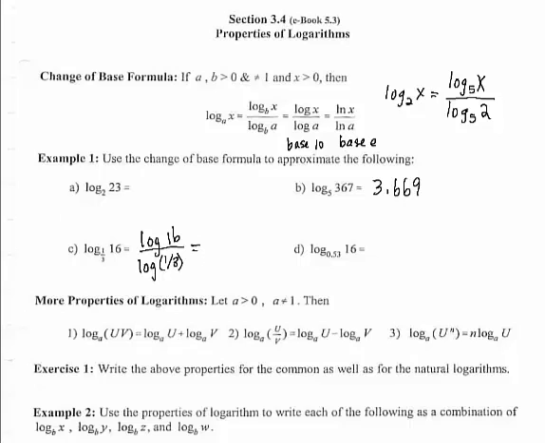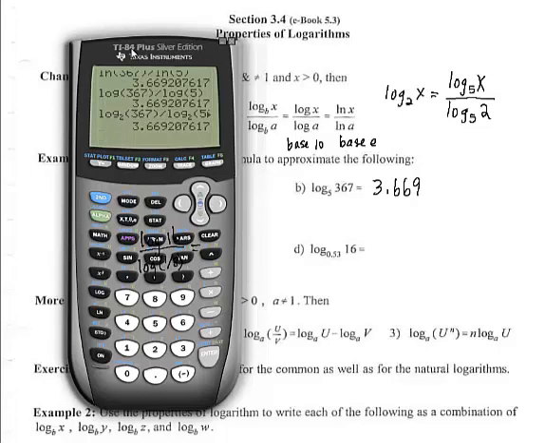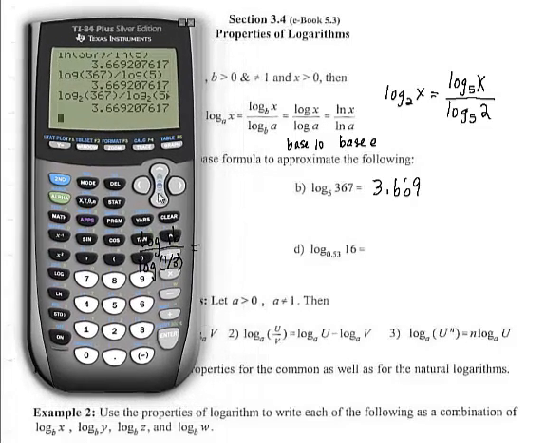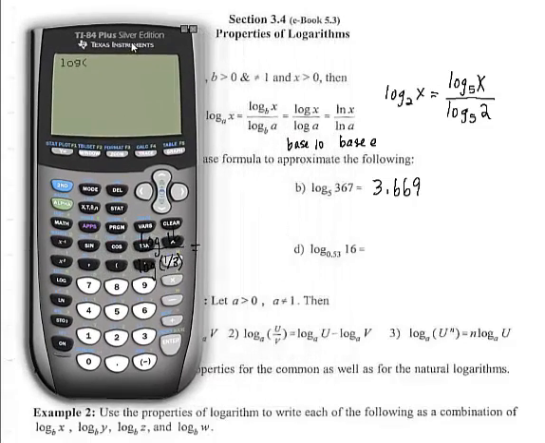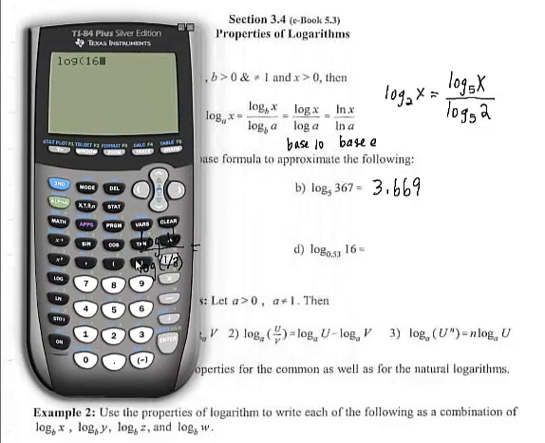Let's see what our calculator gives us. If I write log of 16 divided by the log of 1/3, enter, I get negative 2.523719014.